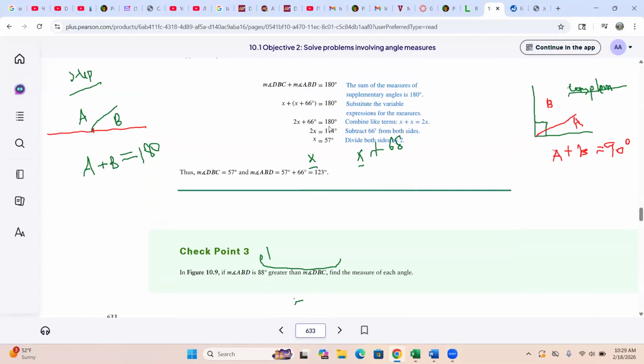And that's not it. Whenever you're solving word problem, remember you always want to see what they want. And they want here two angles. So you just found one angle, you found x. But to get the other angle, you need to use that x and add 66.